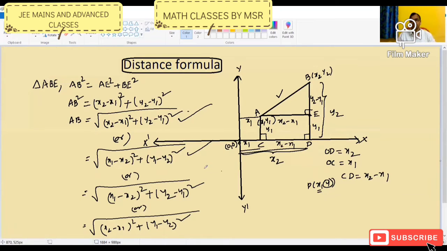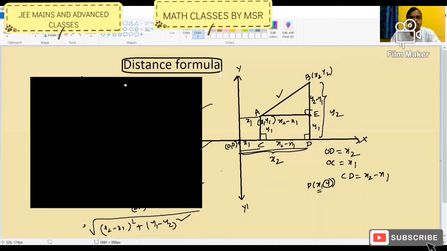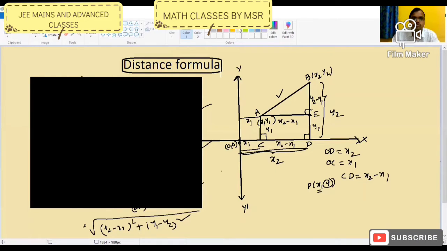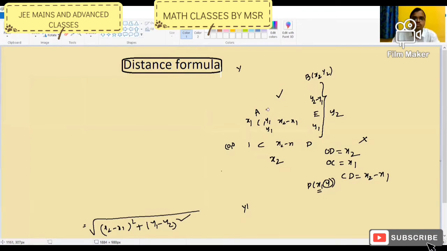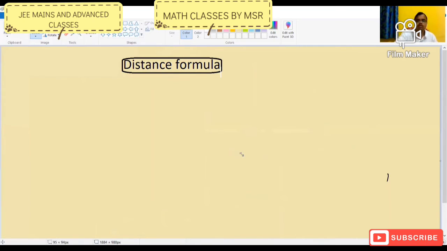Now what are the applications of this formula? We are going to discuss them now.